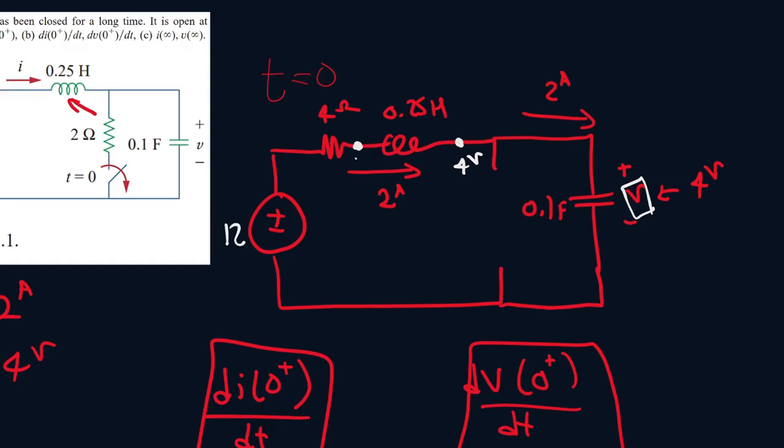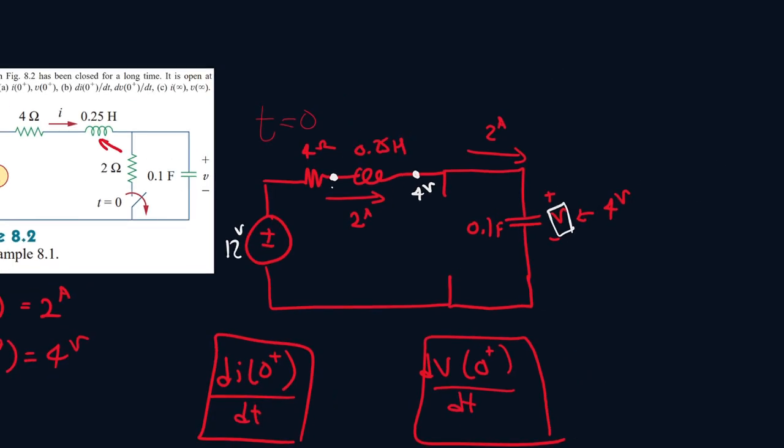Okay, so the voltage here we can actually find. So we know this is 12 volts here, and there's a voltage drop at this region. So it'll be 12 minus 4 times 2, which gives you 4. So the voltage here will be 4. Now, the voltage in this inductor will be the difference of the voltage here and here. So it's 4 minus 4, which is 0.